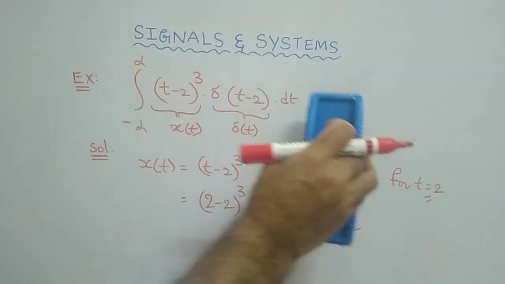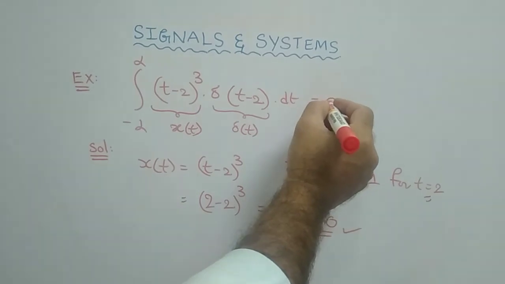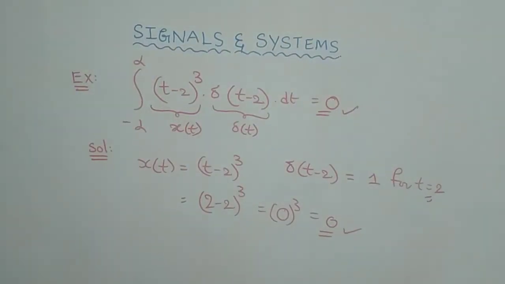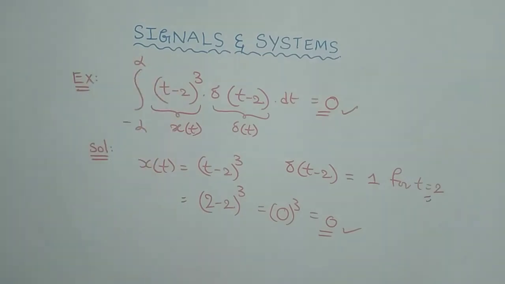Clear? I think you understood. The answer is 0. If you observe, in all the examples I have explained till now, the integral I am considering means the impulse function is a continuous time signal.